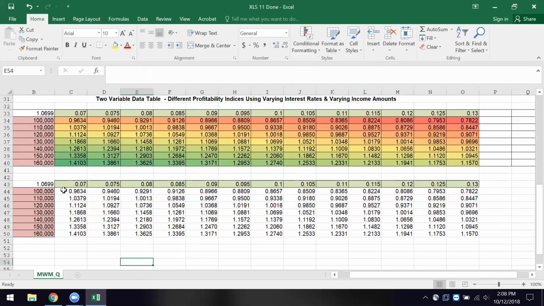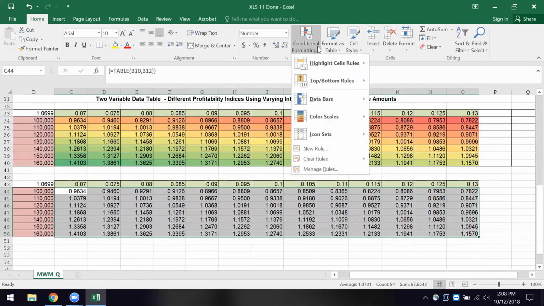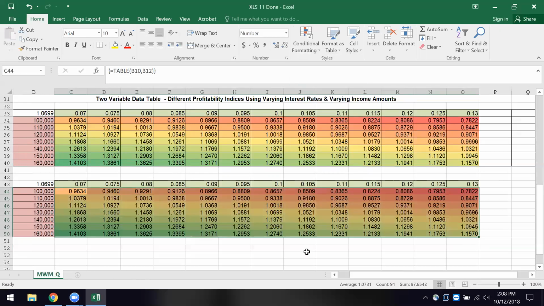Try to remember how I did this, and I think I'm going to highlight the whole thing. Let's see what that does. And again, like I said, I haven't done this in a bit, so. And I'm using the conditional formatting and the color scales. I'm going to go green. There we go. Green, yellow, red. Yeah, that's what I did.